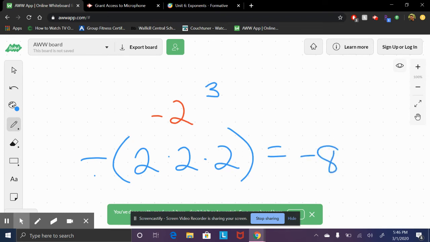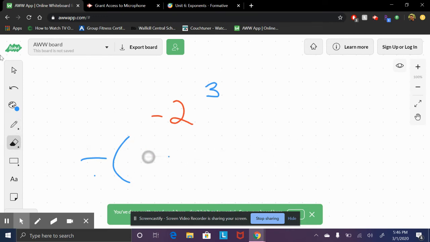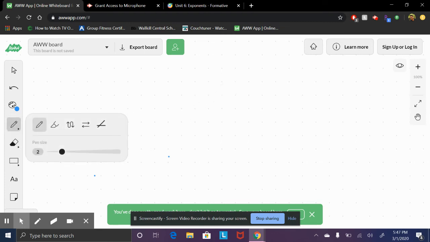And also, you do the same thing with positives. So let me give a different example. So if I had negative 3 to the 4th, I'm going to put the negative there.